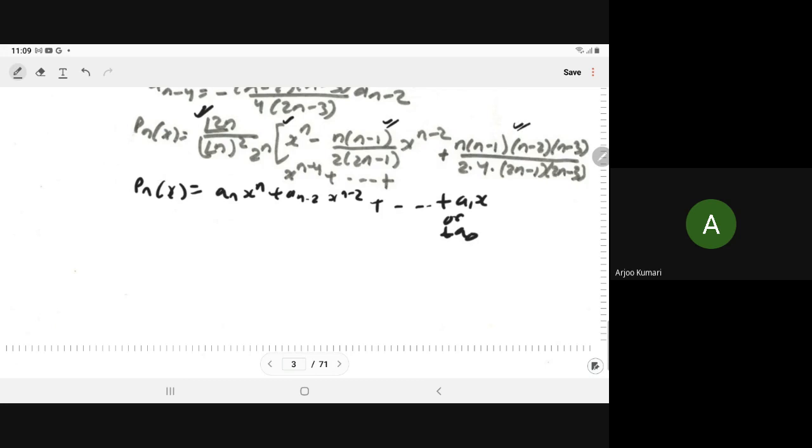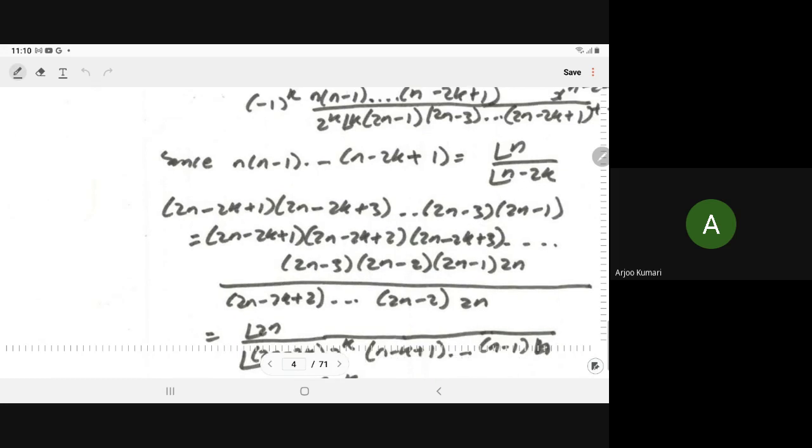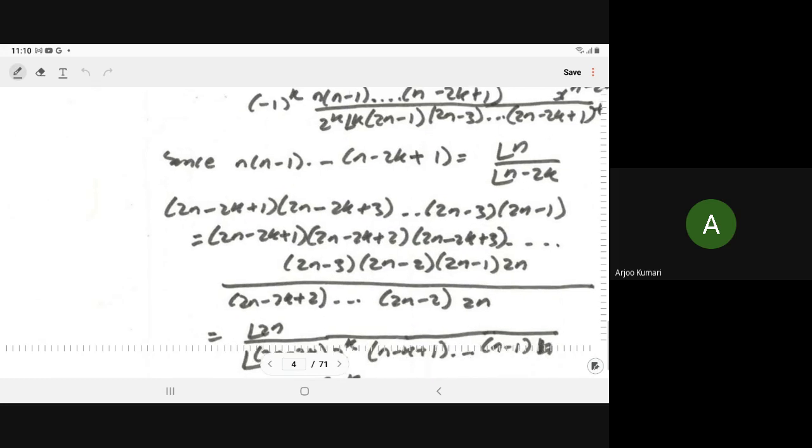So what will be the x to the power n minus 2k th term? In that case it will be (-1)^k n(n-1)...(n-2k+1) upon 2^k k! (2n-1)(2n-3)... (2n-2k+1) and x to the power n minus 2k.